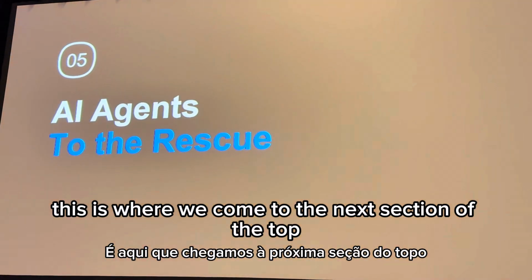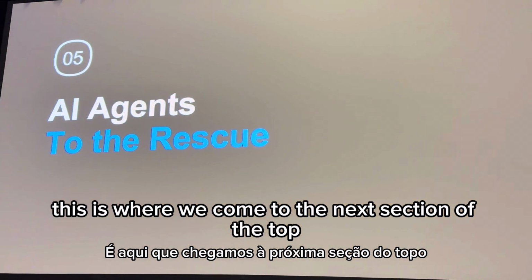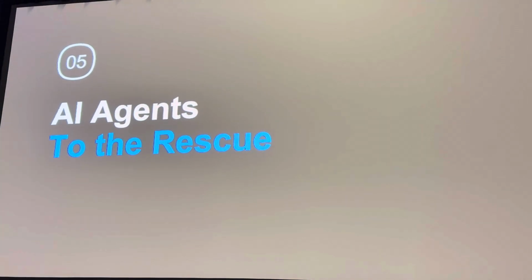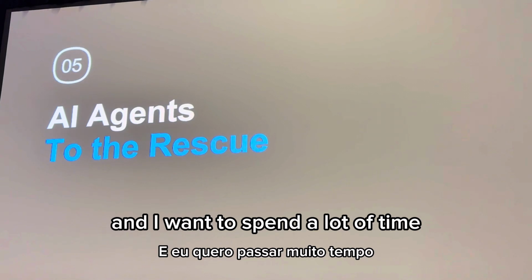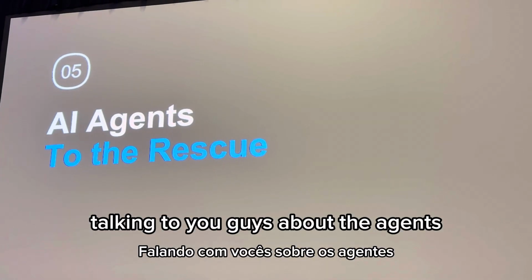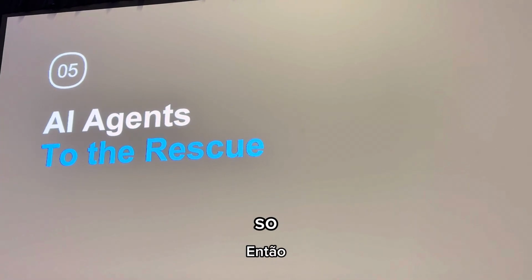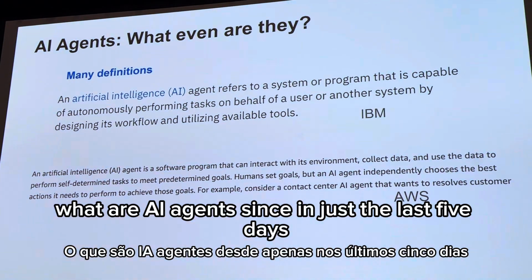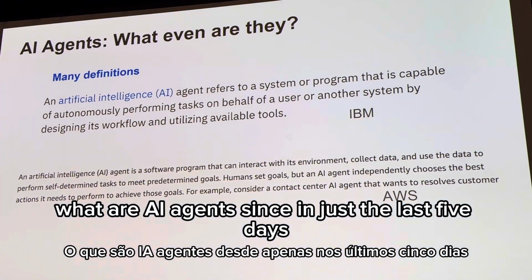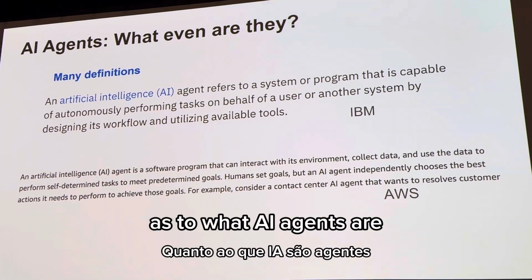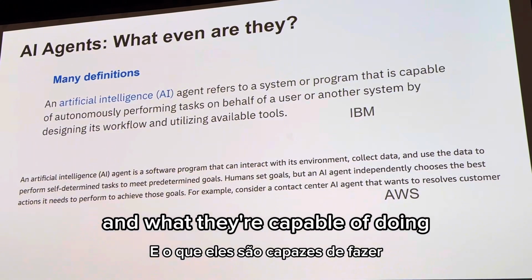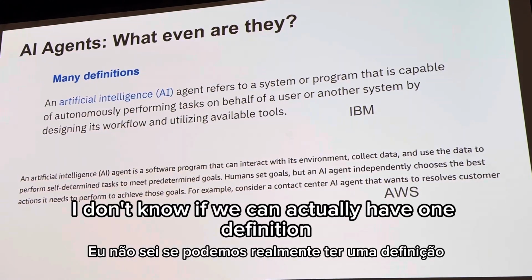Now, this is where we come to the next section of the talk. I want to spend a lot of time talking to you about the agents work that we've been doing. So what are AI agents? In just the last 5 days, there has been a lot said about what AI agents are and what they're capable of doing. I don't know if we can actually have one definition.